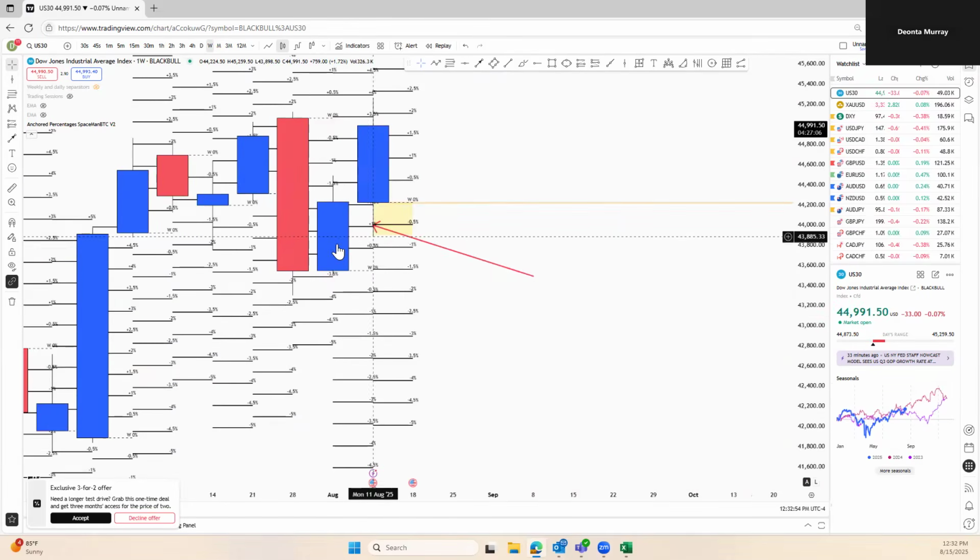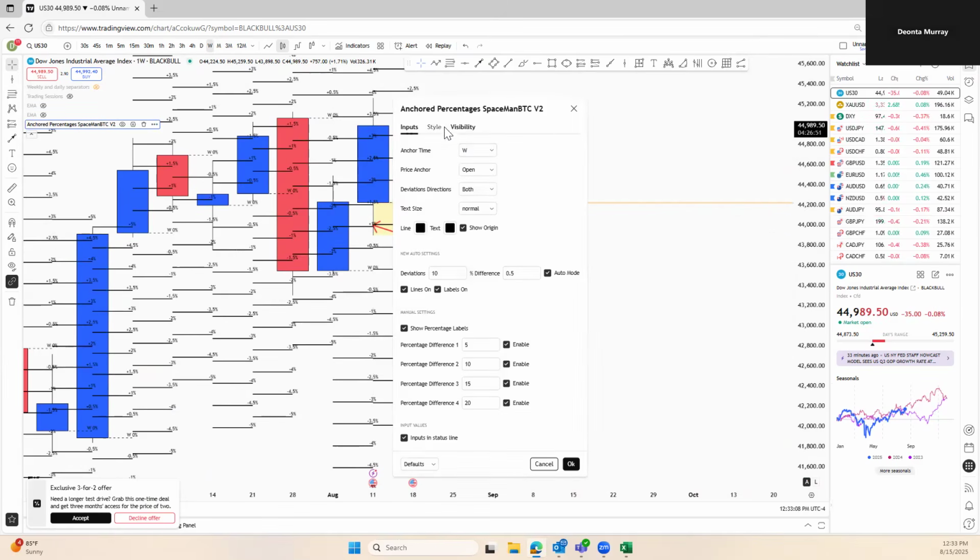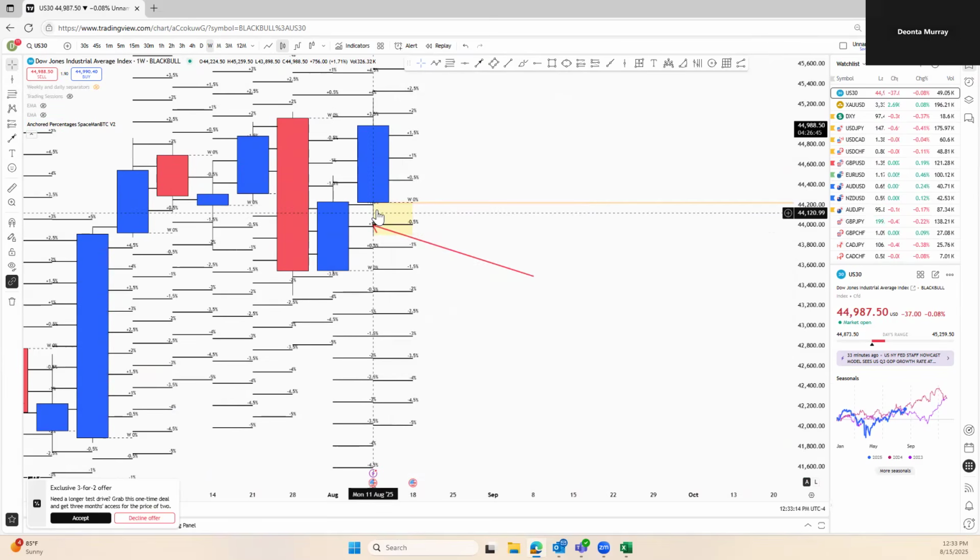previous week was bullish. We're looking for bullish momentum to continue for this week. I have to see some type of wick, which is basically a retest of some area, which we can now pinpoint because we have this anchor percentage spaceman BTC indicator. I know that we have to go down and retest an area.